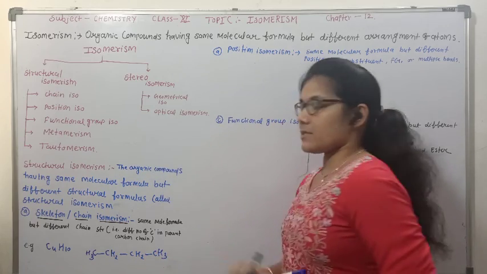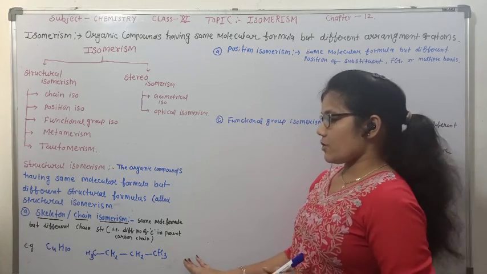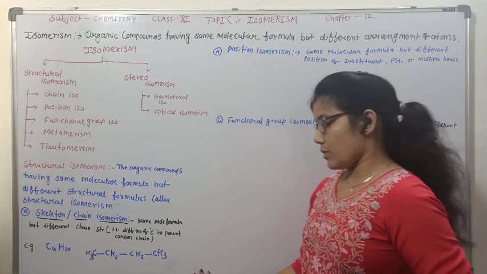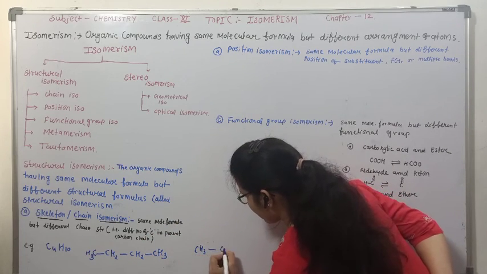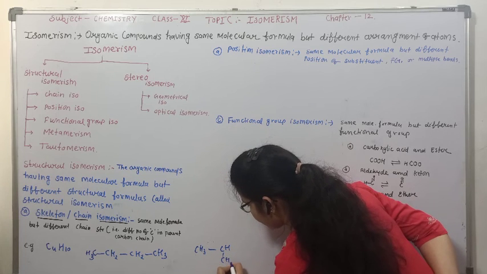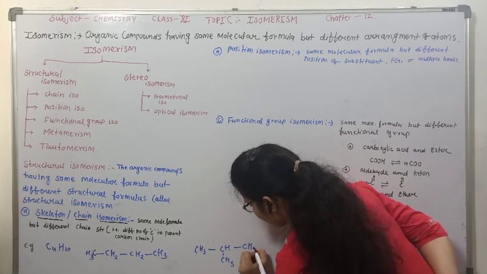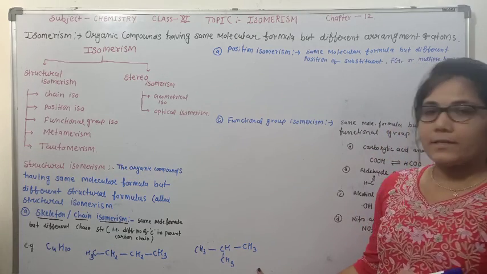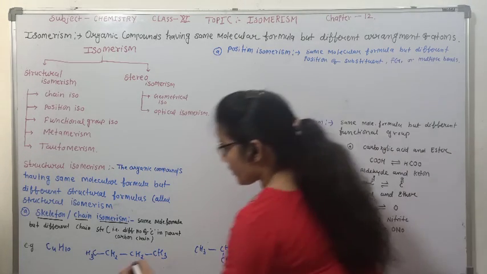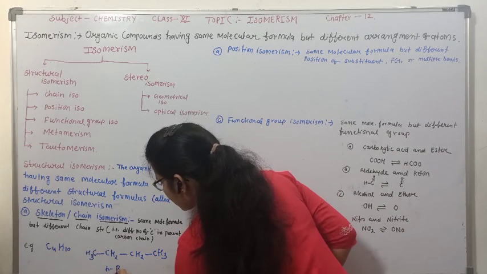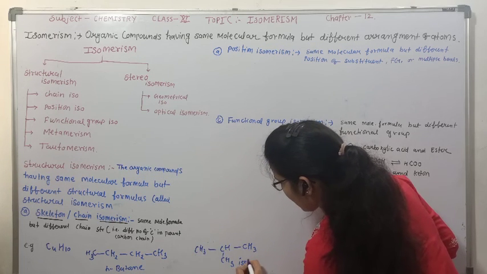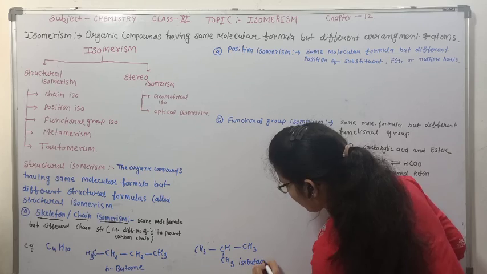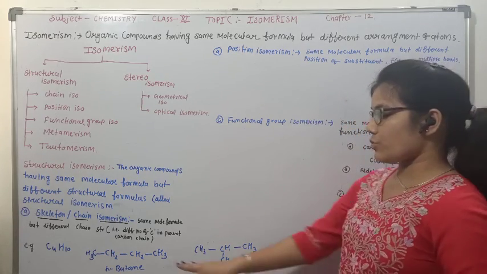This is simple n-butane. We can draw the structure like this, n-butane, or we can draw another structure of the same molecular formula, like this. This is isobutane. What is the difference between these two compounds?